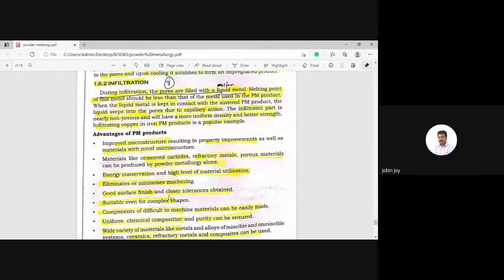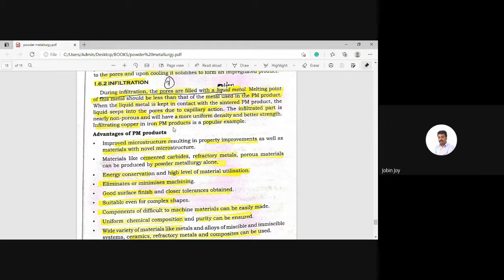When this liquid metal is kept in contact with the sintered powder metallurgy product, the liquid seeps into the pores due to capillary action. Once infiltration is completed, the infiltrated part is nearly non-porous and will have more uniform density and better strength.